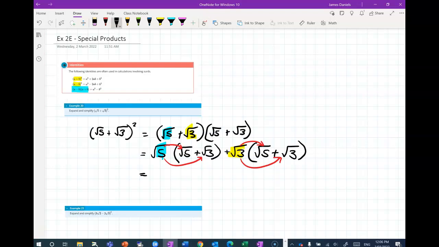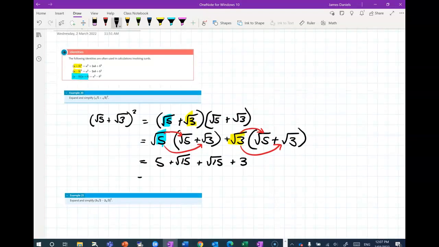Using some rules here, the square root of 5 times the square root of 5 is the number 5. The square root of 5 times the square root of 3 is the same as saying the square root of 15. Moving along, the square root of 3 times the square root of 5, square root of 15. Square root of 3 times the square root of 3 is the number 3.